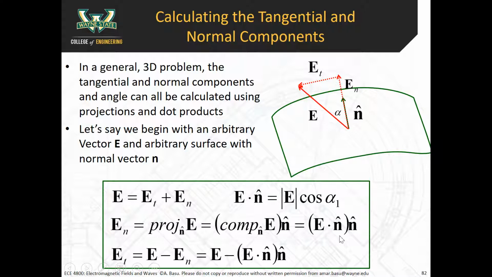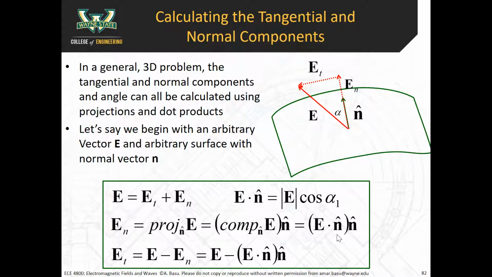All right, so we'll go through this quickly. First of all, n hat is just equal to n divided by the magnitude of n. We won't belabor that. That's 1, 1, 1 divided by the square root of 3. So that's n hat.